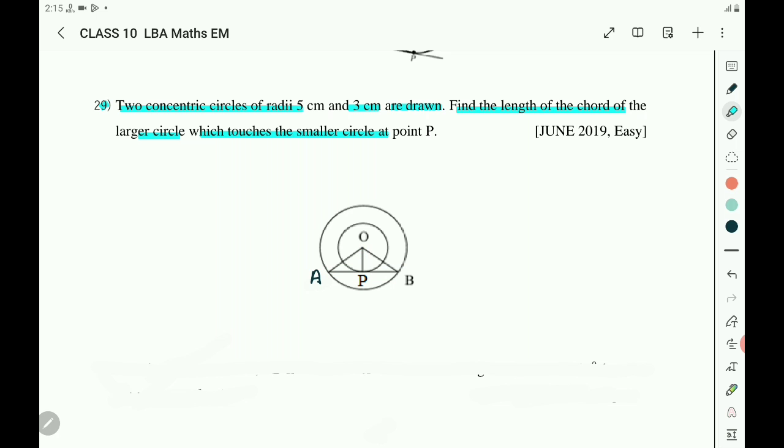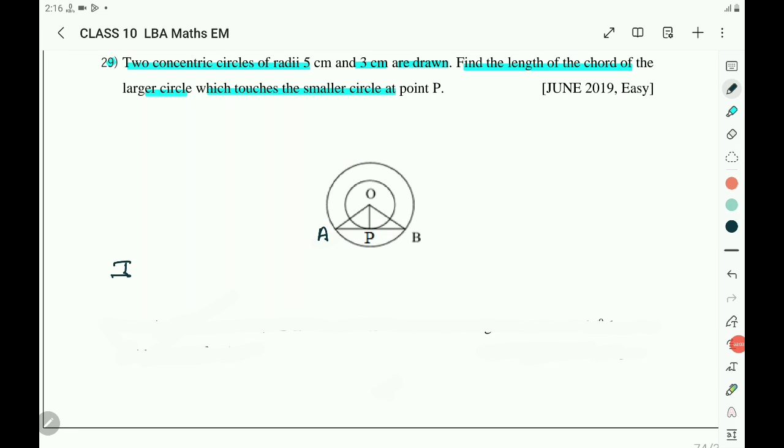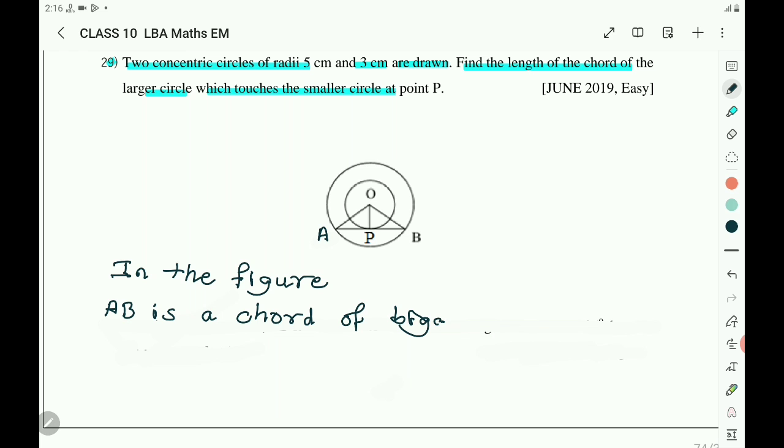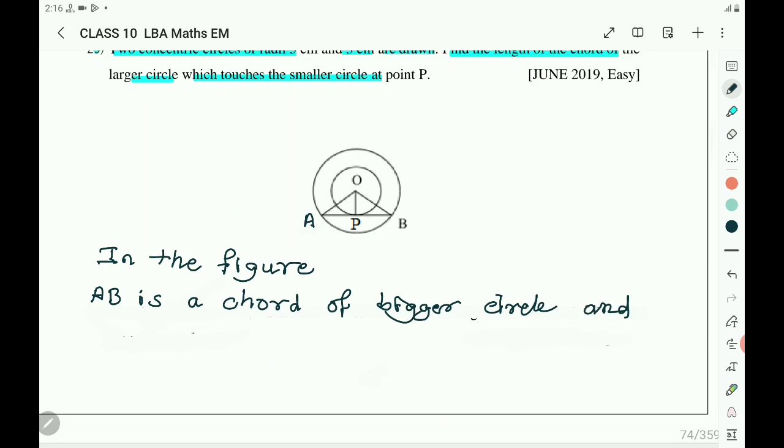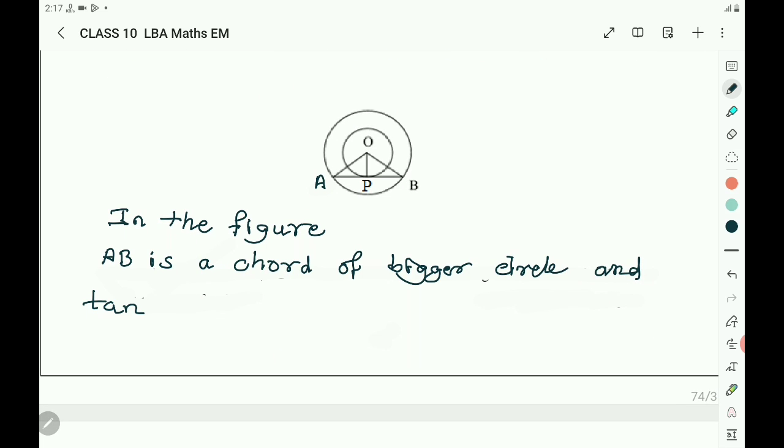in the figure. You write in the figure: AB is a chord of the bigger circle and tangent at P to the smaller circle.